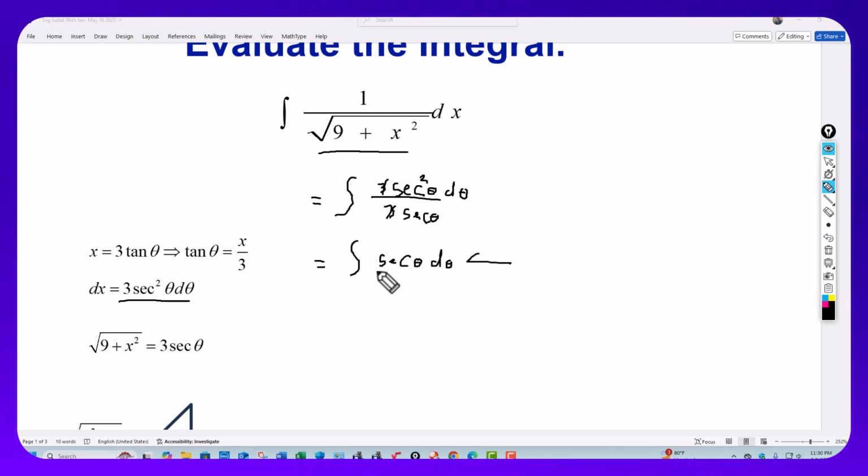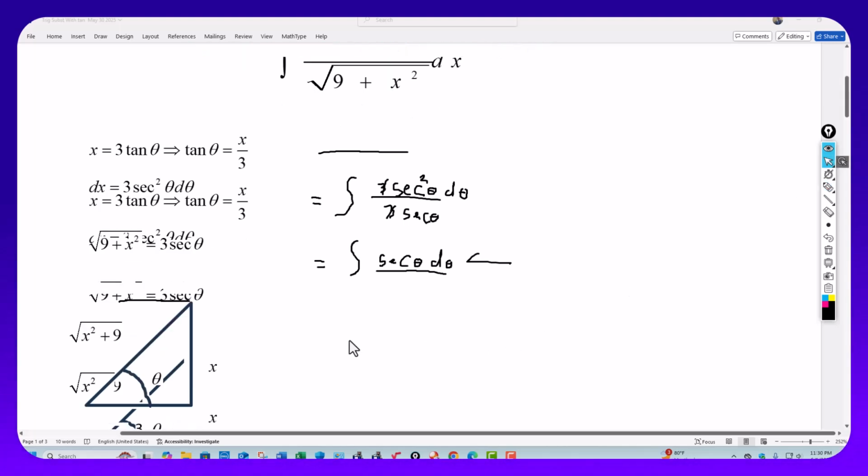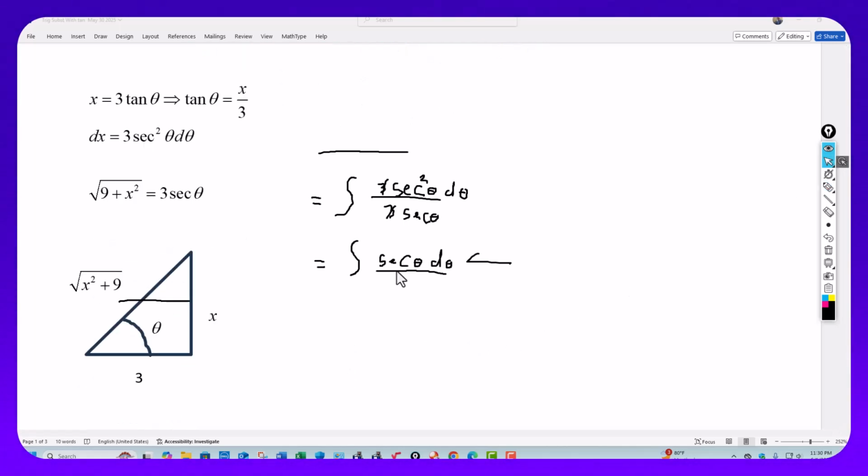This is one you should know. I think I mentioned this in the last video. I actually did this one in another video using a u substitution, and I'm just going to give you the answer. Just like you should know the integrals of sine, cosine, tangent, and the derivatives of those, you should know this one.